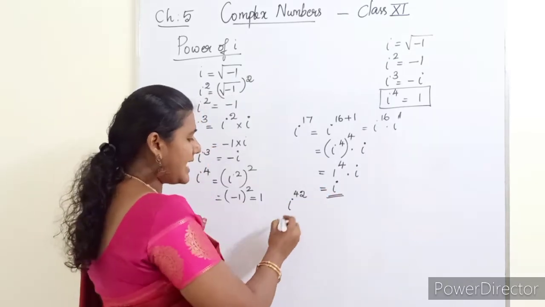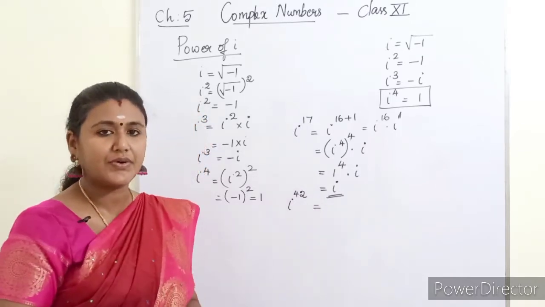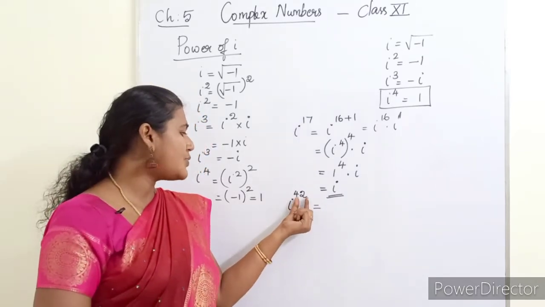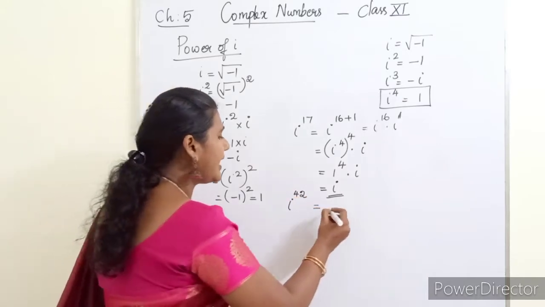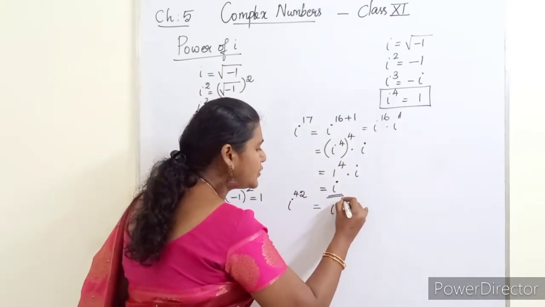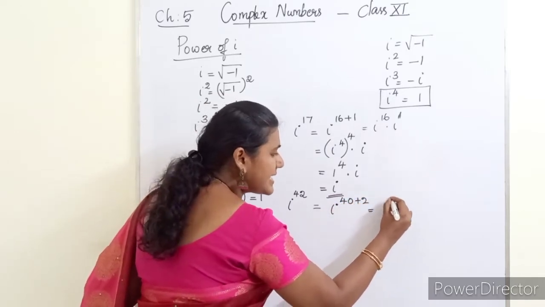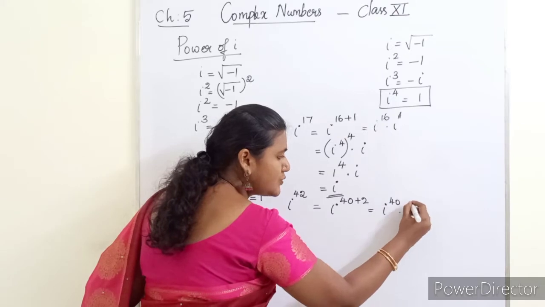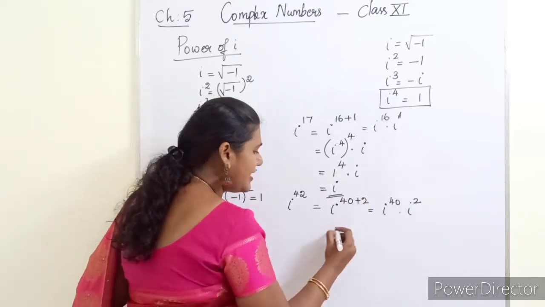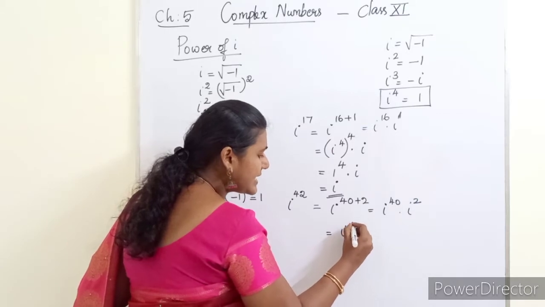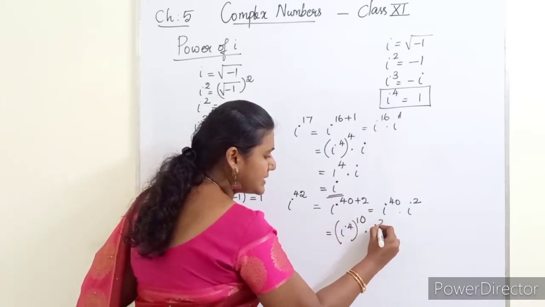Now we will see another example, i power 42. How to find i power 42? First you have to express the power number as a multiple of 4. So we can write i power 42 as 40 plus 2. So this I can write as i power 40 into i square using the law of exponents. Now i power 40 we can write as i power 4 the whole power 10 into i square.